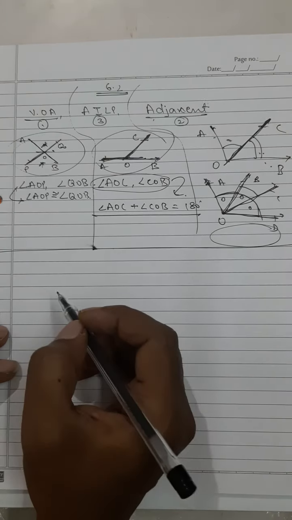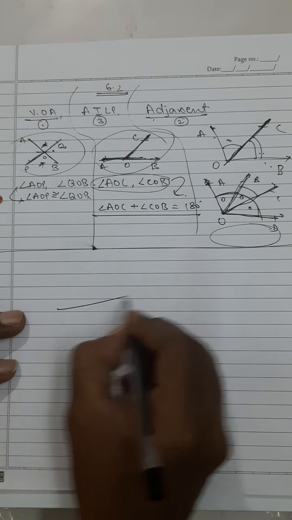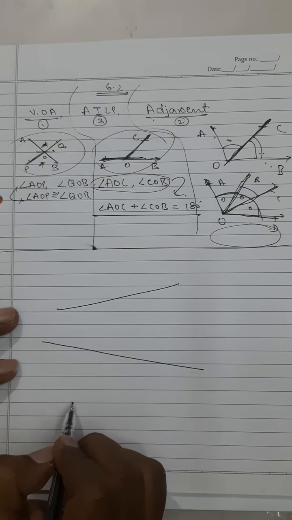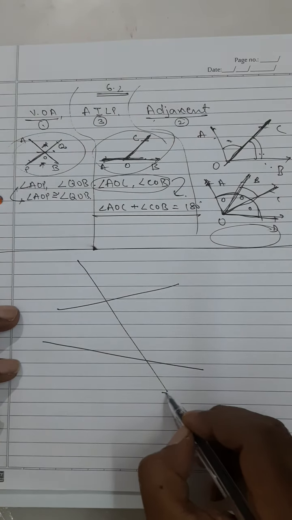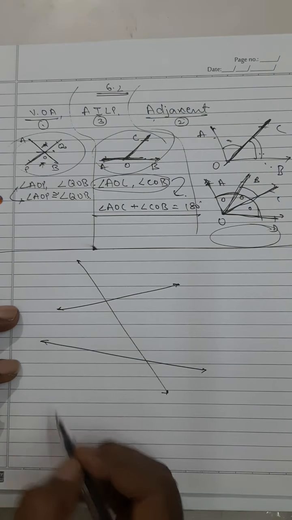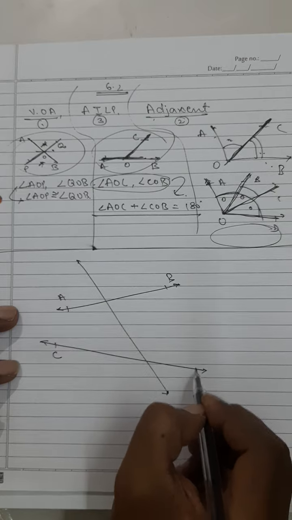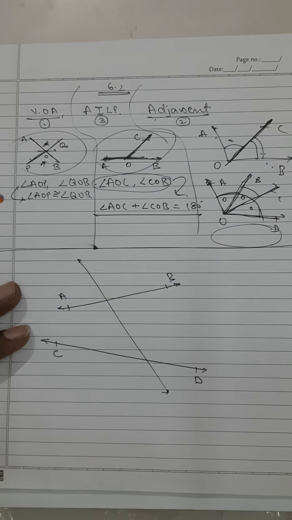The same thing we have to understand when there are two straight lines and this straight line is cut by a transversal. Now there are two straight lines, AB and CD. Let me write clearly.